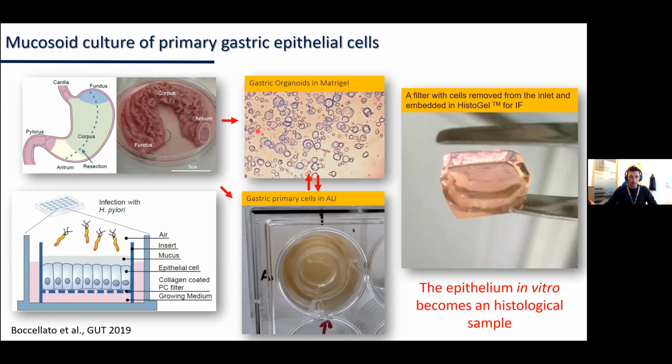We can obviously from the epithelium derive organoids, but then we took these organoids, we dissociated them in single cells, and we seeded them on regular transwells in air liquid interface, as you can see from the schematic here. So this is a very simple culture system indeed. And then you can cut the filter out and use it as a histological sample.